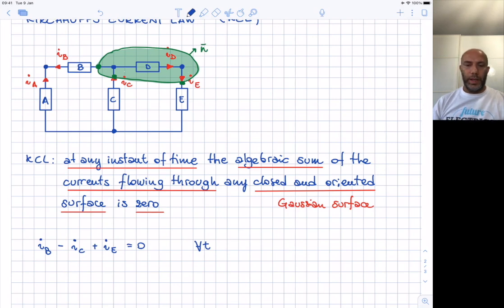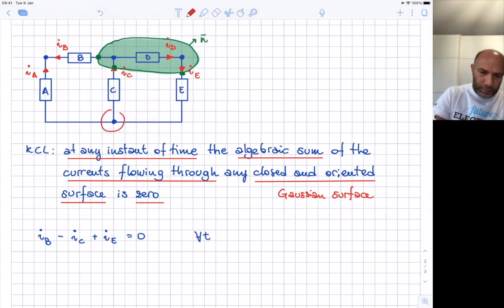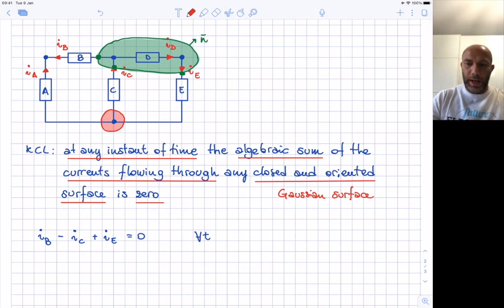For example, we can make another surface. This time we can take the surface that is surrounding this node here. In this specific case, we have 3 intersections, in this point and this point.